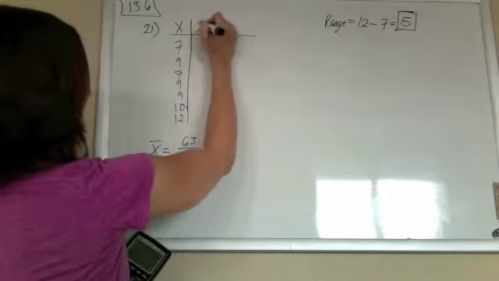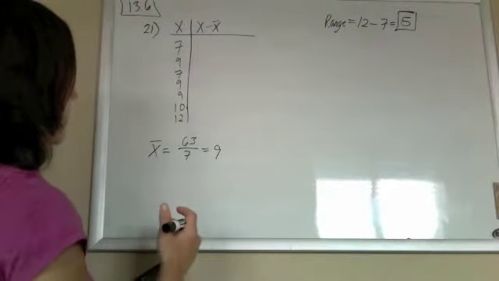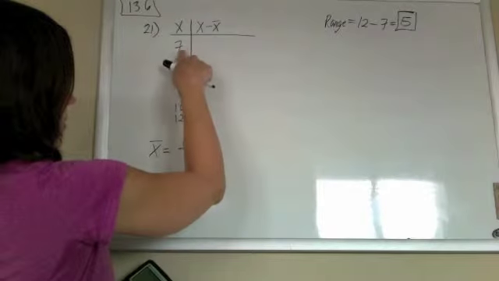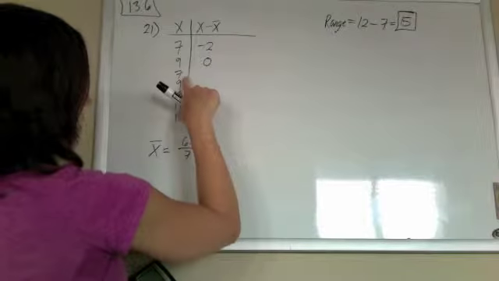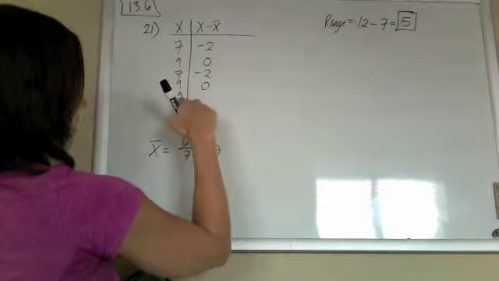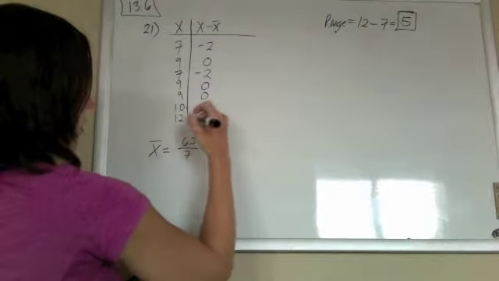So now we want to take each one of these scores and subtract the mean, find the difference from the mean. So subtract 9 from all of these scores. So 7 minus 9 is minus 2, 9 minus 9 is 0, 7 minus 9 is minus 2, 9 minus 9 is 0, 9 minus 9 is 0, 10 minus 9 is 1, 12 minus 9 is 3.